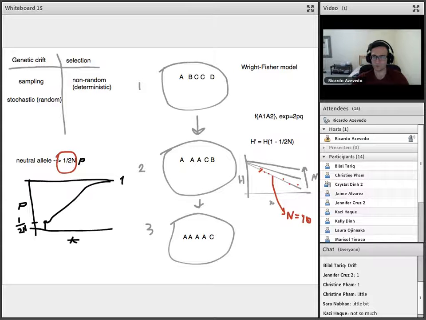So what's the problem here, really? This is where the concept of effective population size becomes useful.